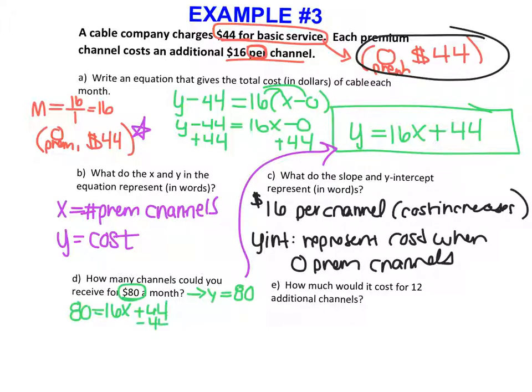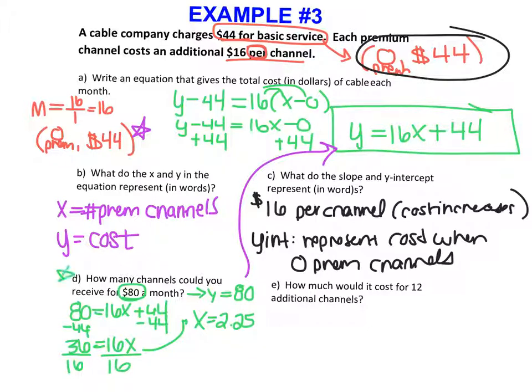Subtract 44, subtract 44. I end up with 36 is equal to 16 times x. Divide both sides by 16, and what I do know is that 16 doesn't divide into 36 evenly. Essentially we end up with x is equal to 2.25 channels, which we know we can't buy a quarter of a channel.